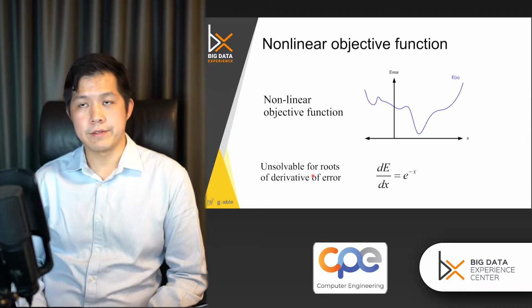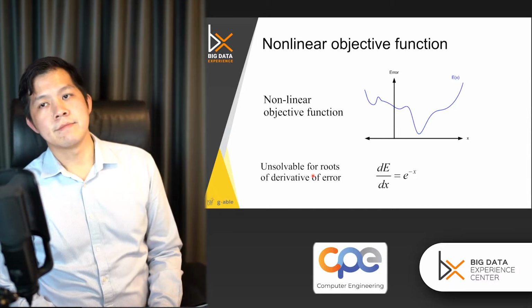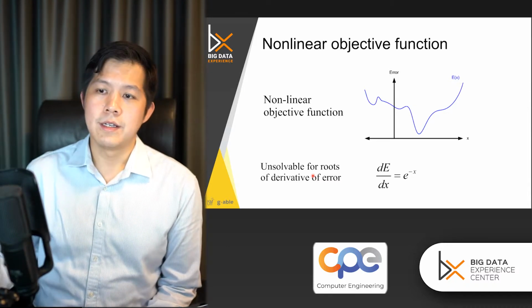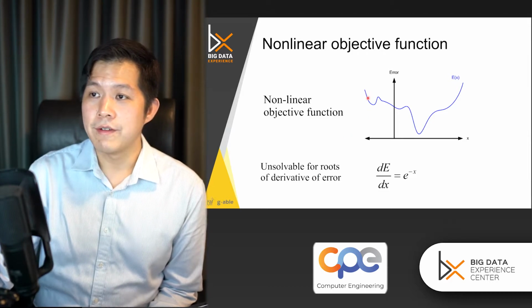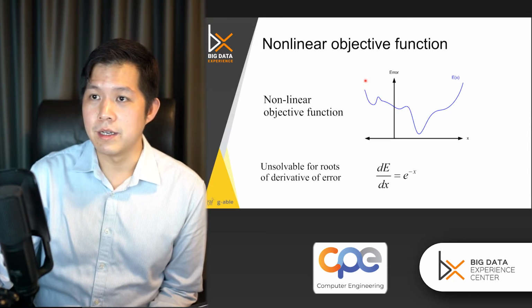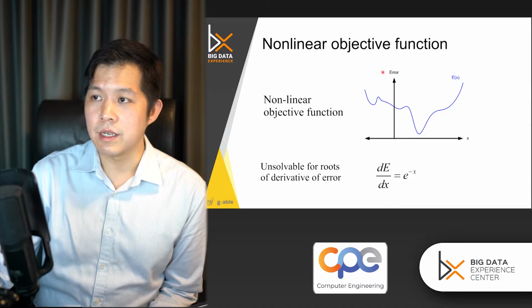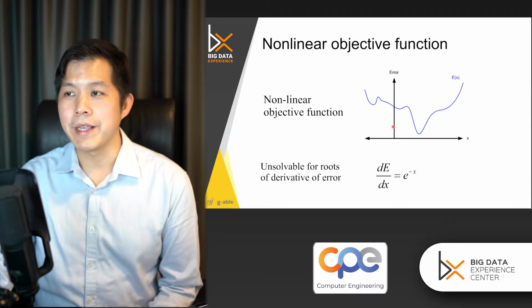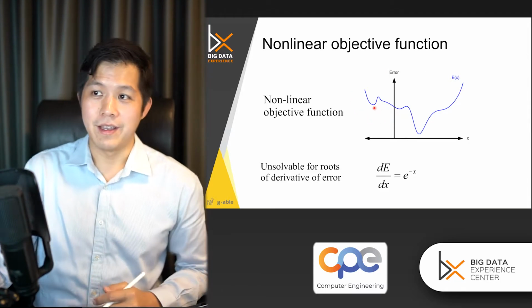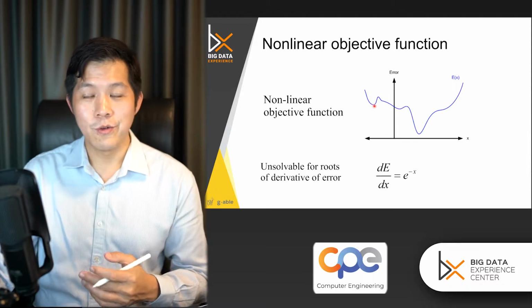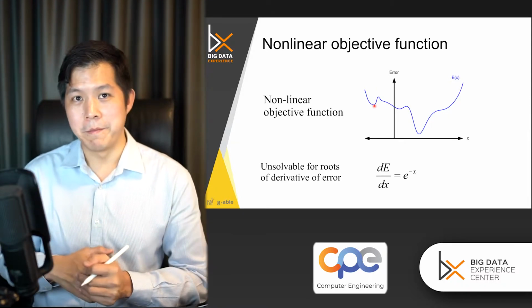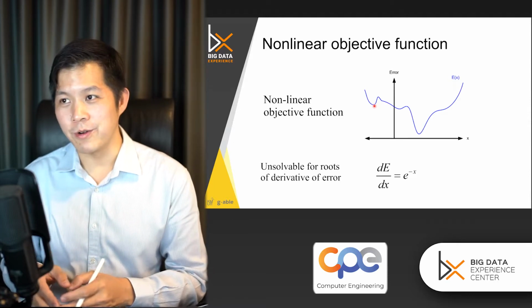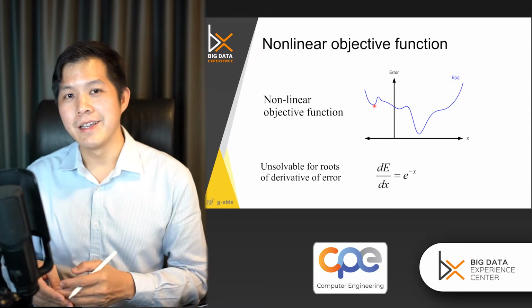of parameter estimation. The problem is, in a nonlinear objective function, sometimes you have an error surface that is quite complicated, where you can have a point like this one, which is a minimum, right? You have derivative equals 0, but it's not actually the lowest point.